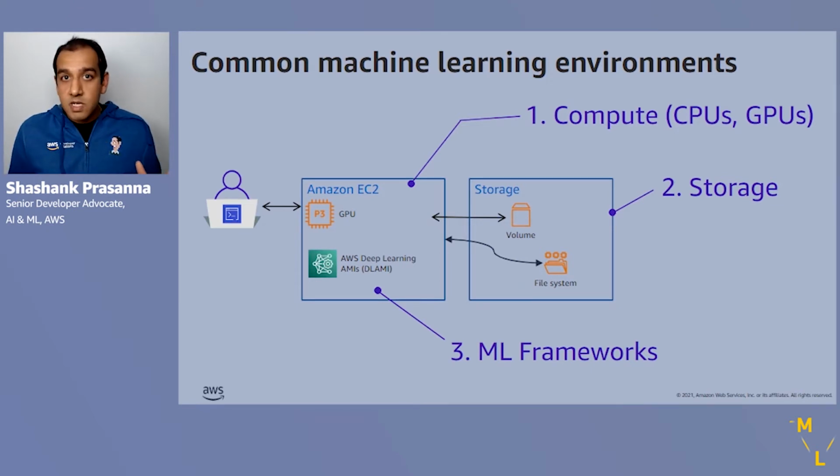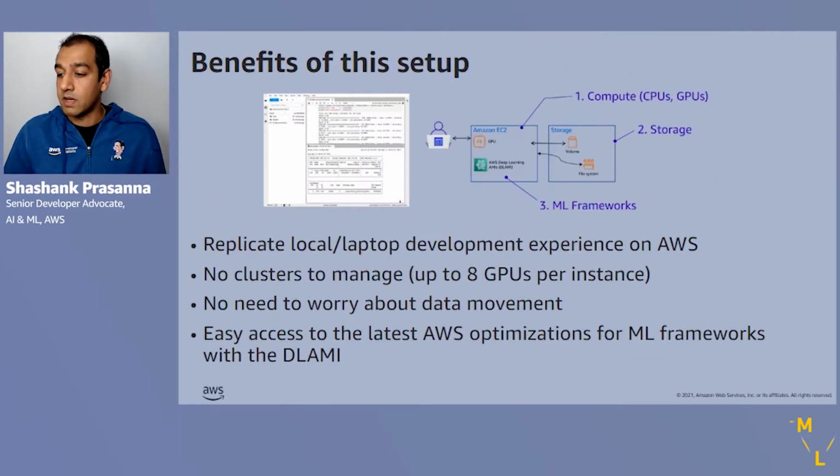Now, every machine learning development environment is different, and you may be building your custom machine learning environments by using your own custom proprietary libraries, which means that it's important to be able to have these environments and be able to scale these environments in the cloud as you go through your machine learning journey.